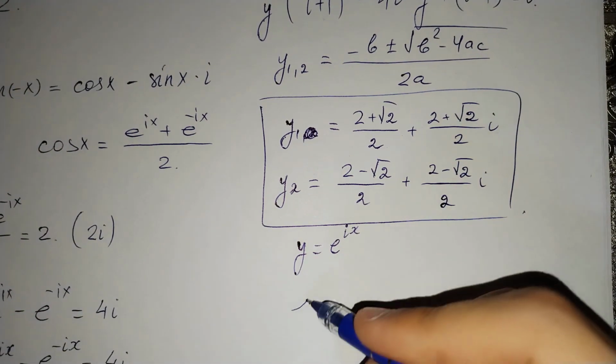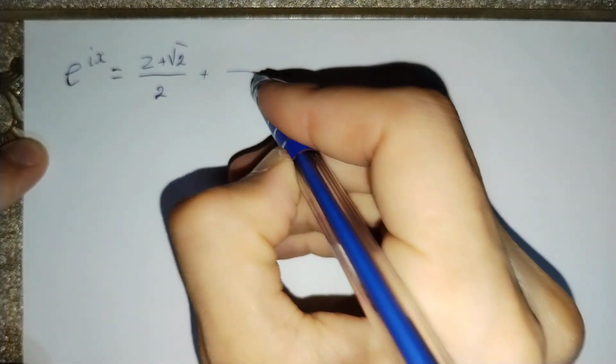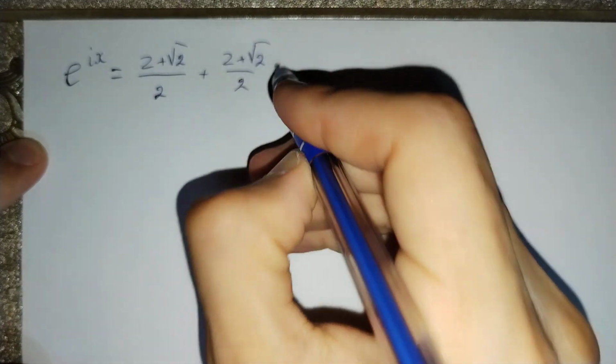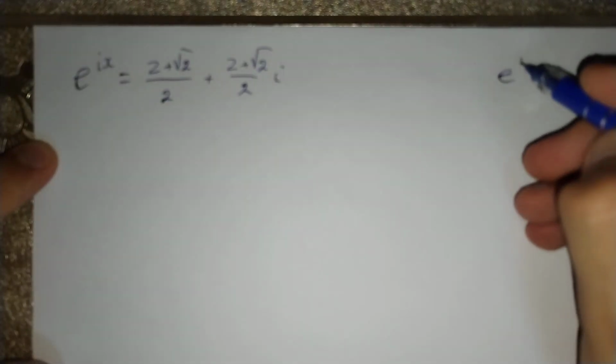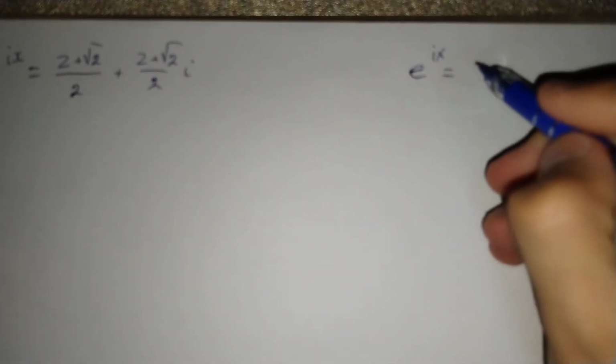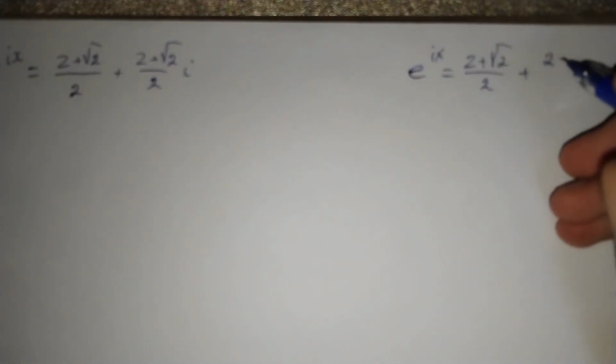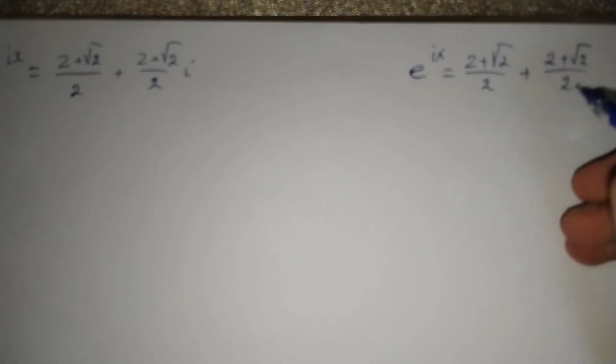Now, what should we do? e power ix is equal to these ones. e power ix is equal to (2 plus square root of 2) over 2 plus (2 plus square root of 2) over 2 times i, and here e power ix equals (2 minus square root of 2) over 2 plus (2 minus square root of 2) over 2 times i.